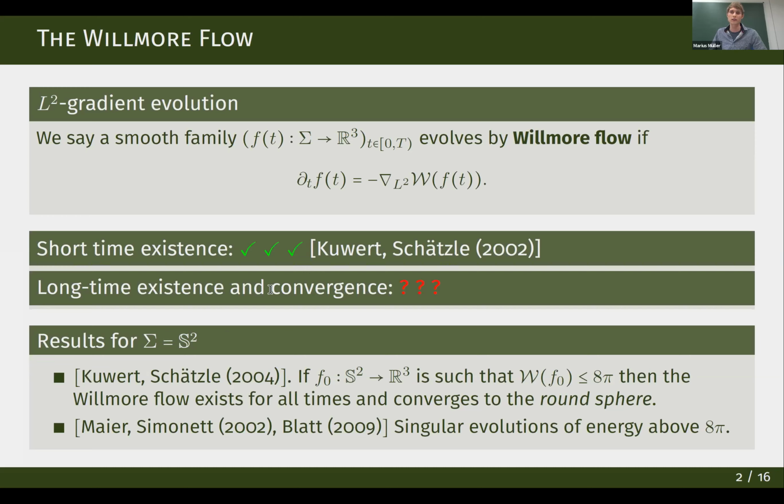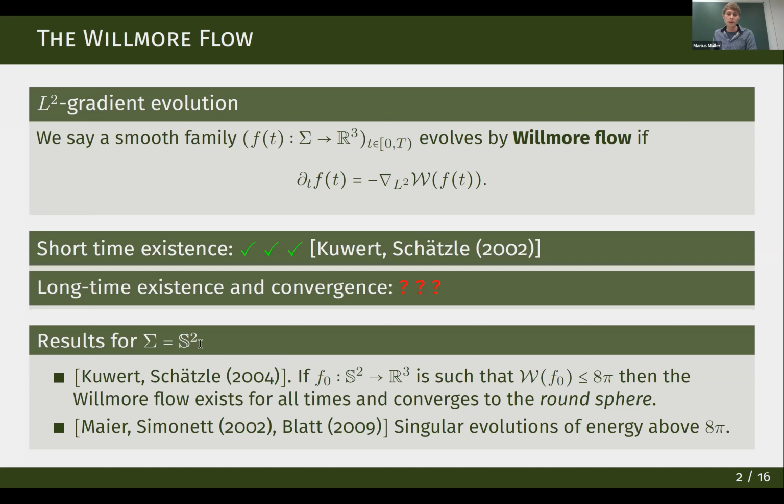Especially there's a situation where much is known, namely if sigma, the manifold that prescribes the topology of the immersions you consider, is the sphere. So we are talking about spherical immersions there, which are immersions that go from the sphere to R3.